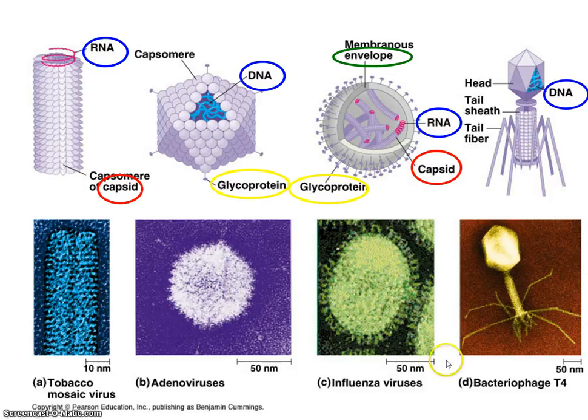Now these outer structures on especially the adenoviruses and flu viruses, these outer structures on usually circular shaped viruses, are called glycoproteins. They are used for identifying the particular cell that they need to attach to and allow that attachment to occur. So they're more like receptors, like radio receptors.